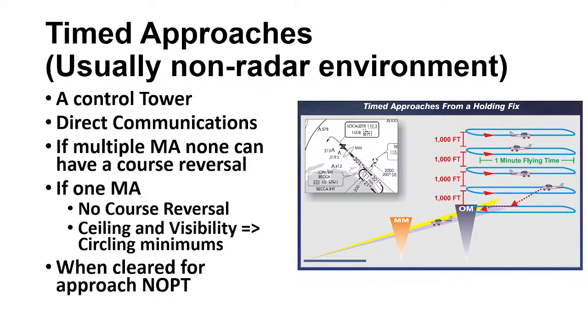Let's see. Oh, I thought it was on there. So, yeah, I even put it in the title. It's usually in a non-radar environment. That means ATC can't see the planes. To a fairly busy, smaller airport, they will put you in a stack 1,000 feet apart on the same holding fix.